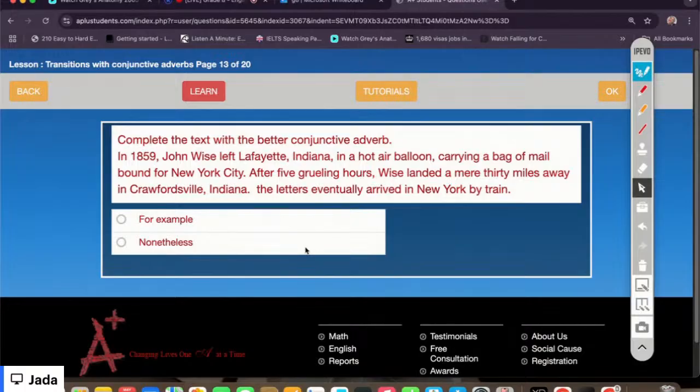So in 1859, John Wise left Lafayette, Indiana in a hot air balloon, carrying a bag of mail bound for New York City. After 5 grueling hours, Wise landed 30 miles away in Crawfordsville, Indiana. The letter eventually arrived in New York by train.